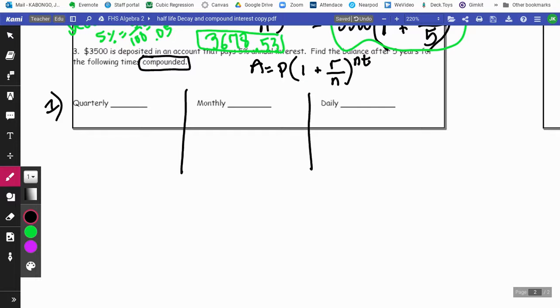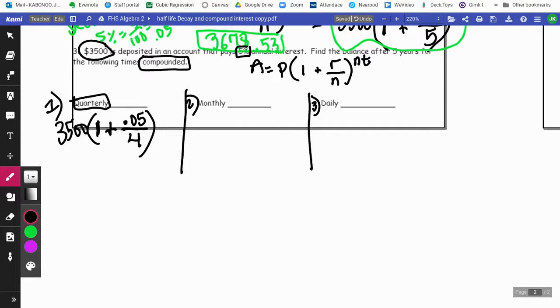First, they want to do quarterly. Second, they want to do monthly. And third, they want to do daily. So quarterly, remember we started with 3,500. That has not changed. I'm going to put my 1 from the formula plus the 5%, which in decimal is still 0.05, divided by 4, because if you say quarterly, in a year you put a 4 right there.